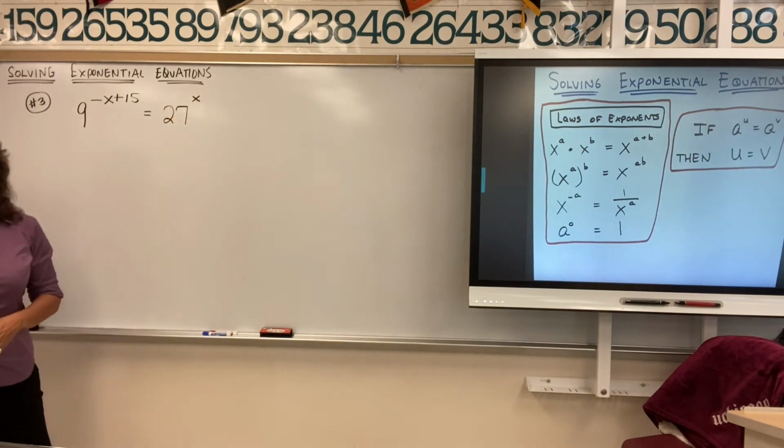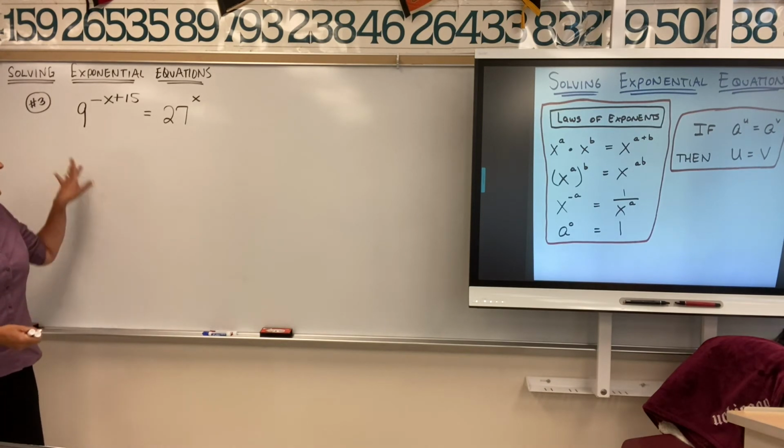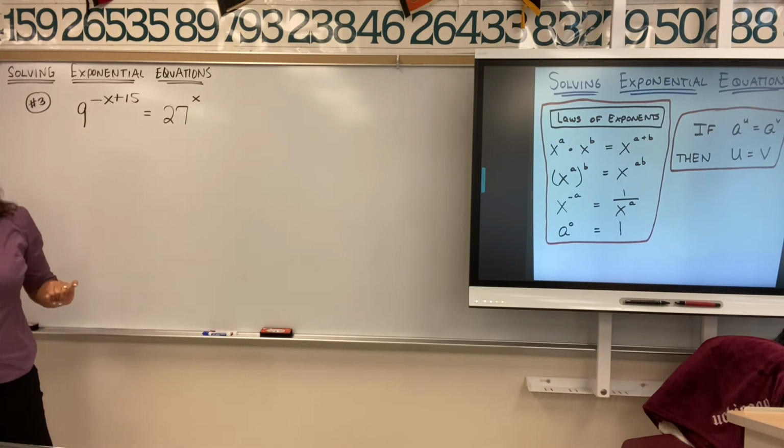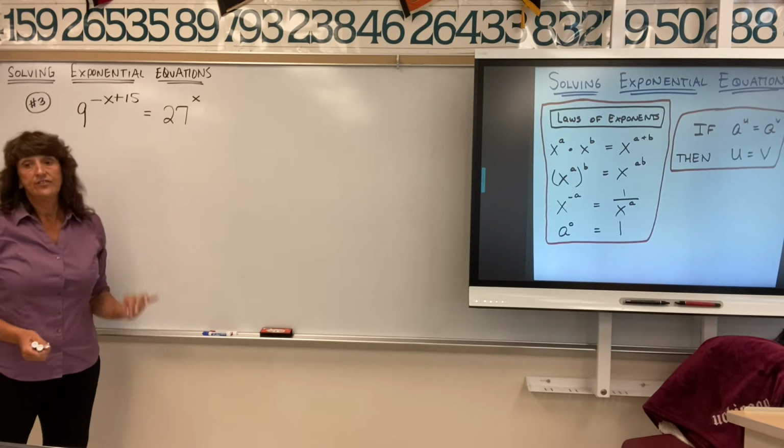Here's example number 3: 9 to the negative x plus 15 equals 27 to the x.